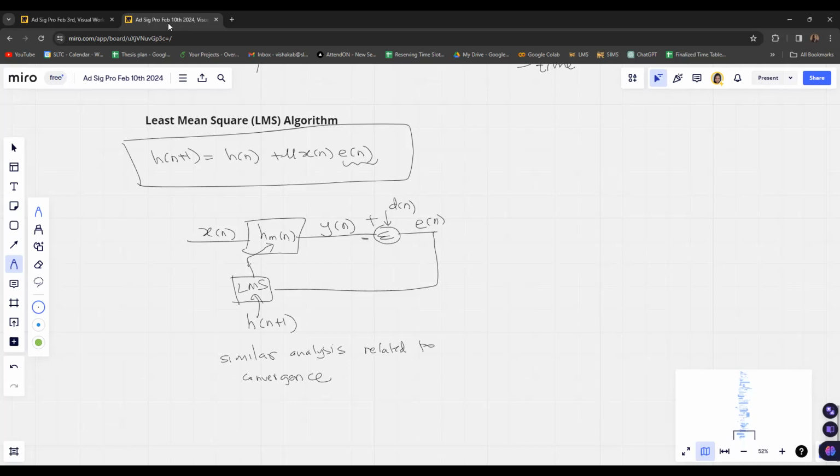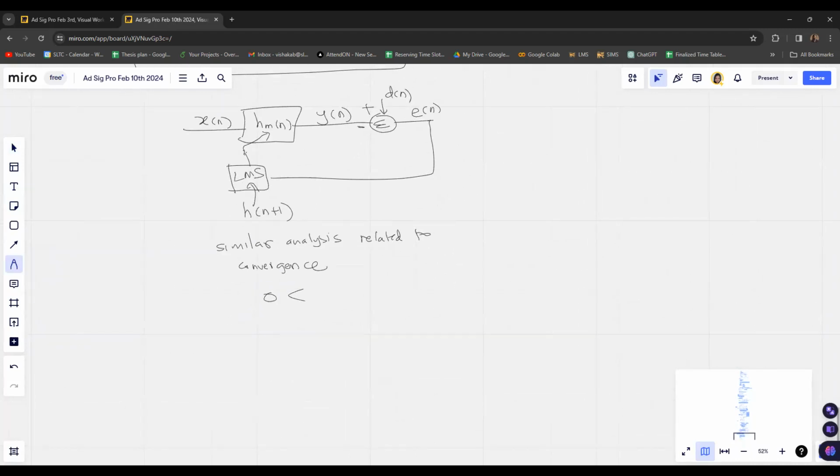The convergence analysis will again show us here that the mu value that we choose must be below a certain 2 over lambda max value. For this algorithm also we have the same step size condition as the SD algorithm.